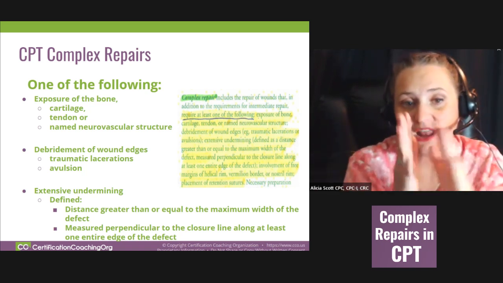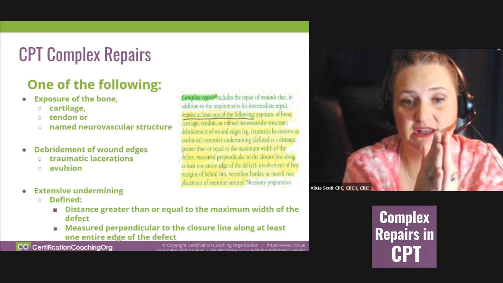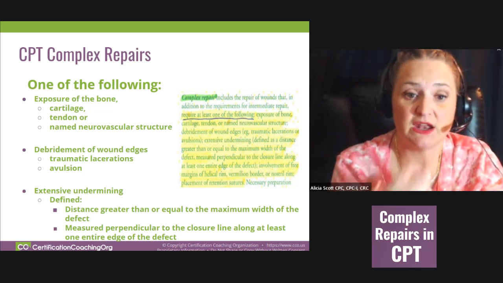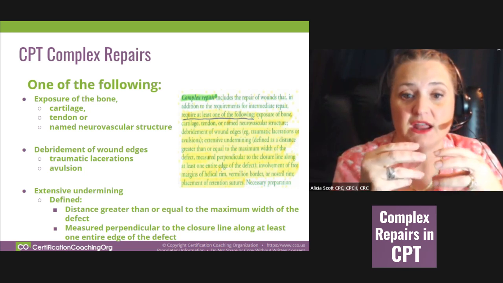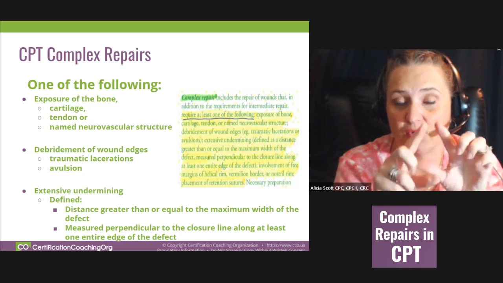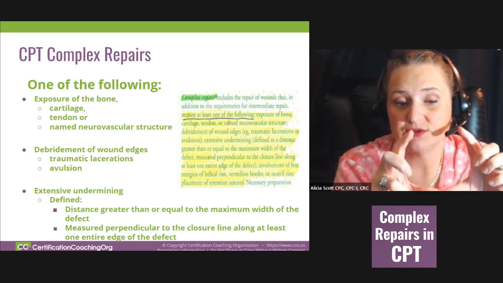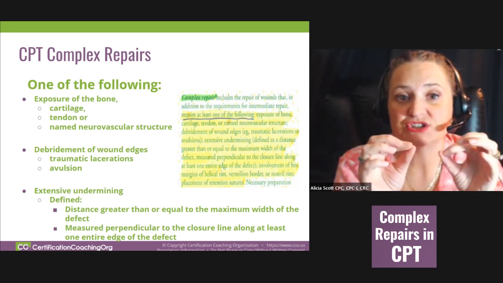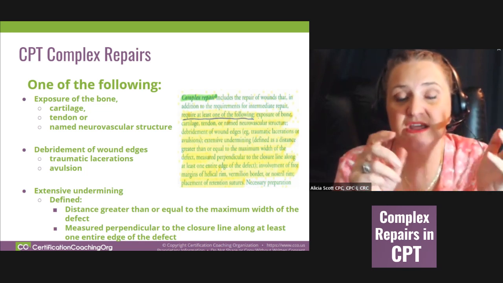Traumatic lacerations are not going to have clean margins or clean edges. Sometimes you'll be able to tell that there isn't good vascularization anymore to those edges, and they're already starting to die, or the tissue is shredded too thin.